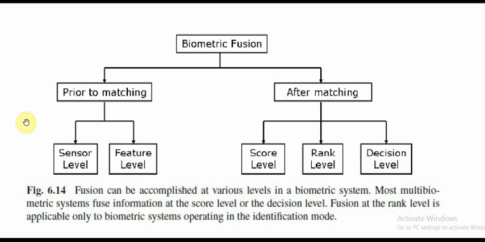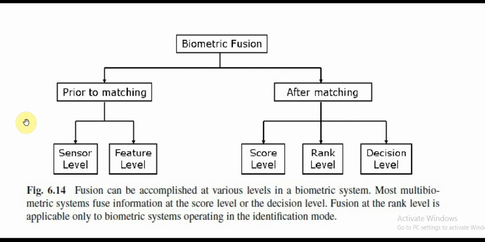First of all, the presence of noise can affect the performance of the system. Also, maybe we need a new matching algorithm to compare two fused feature sets. Therefore, fusion at the sensor or feature levels introduces additional processing complexities.